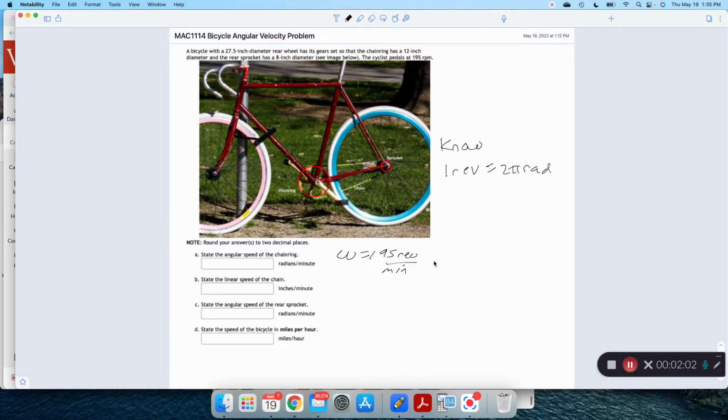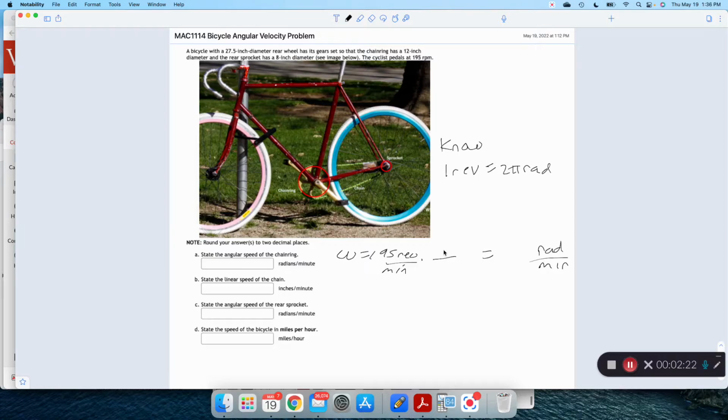So we're going to multiply this by a fraction that's really equal to 1. I want to end up with, over here in my answer, radians per minute. I know that because the answer tells me that.